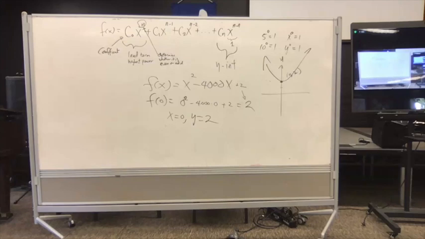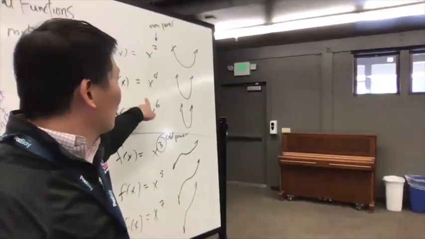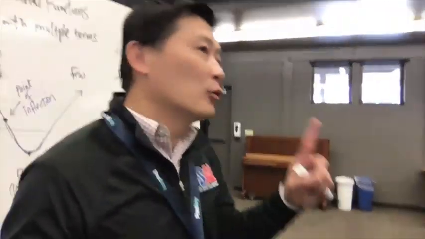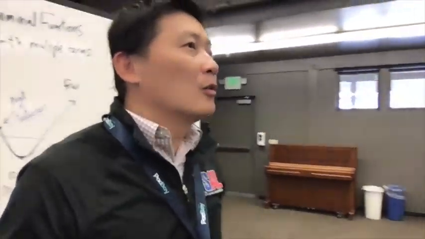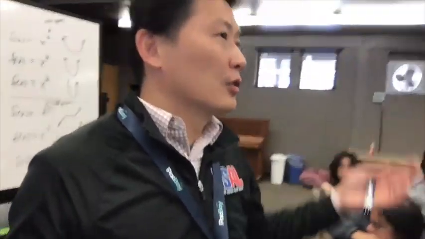Yeah. So you notice over here, when we were looking at these graphs, I'll bring my computer here just so that it's part of the discussion. If you look at this, you've got x squared, x to the 4th, x to the 6th, x cubed, x to the 5th, x to the 7th. You only have one term, and I do this simply because I only give you a function of one term to analyze what the highest power is going to do to the graph.